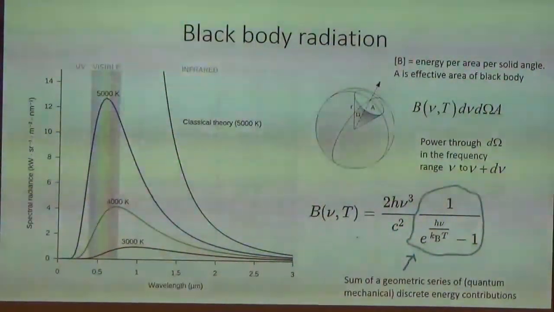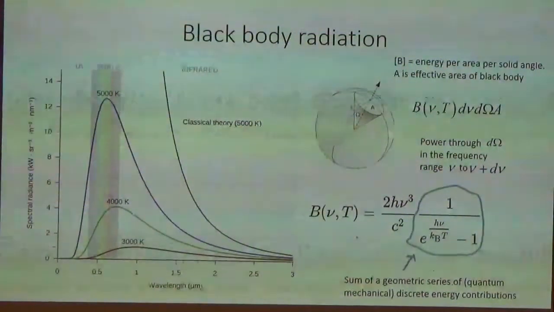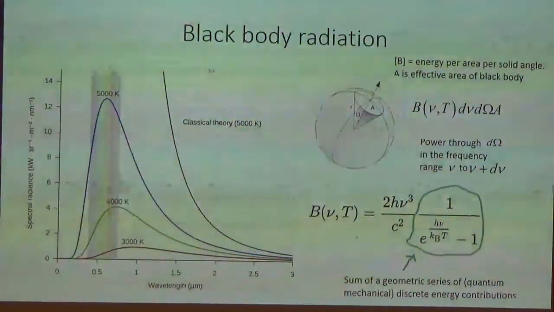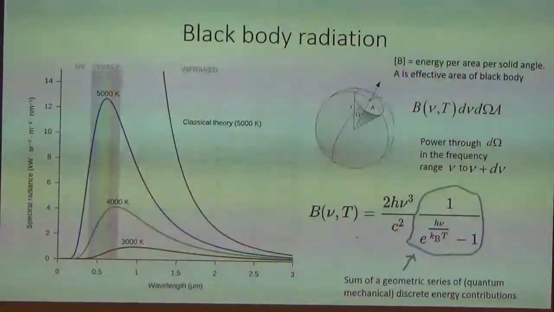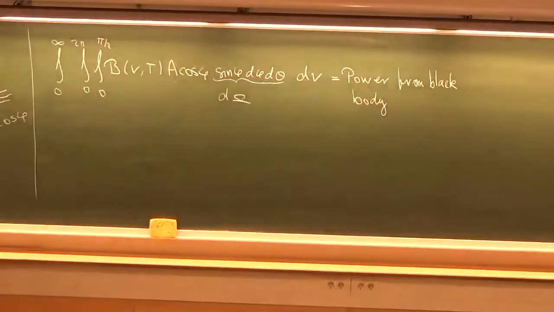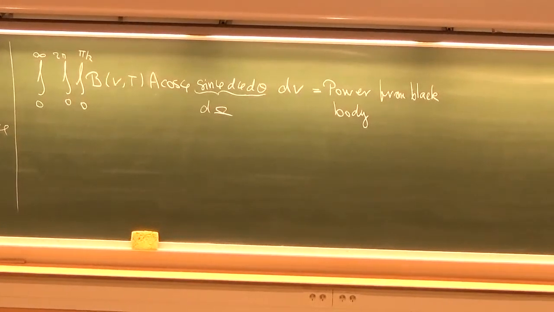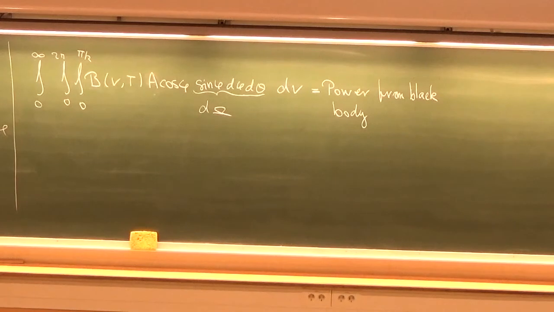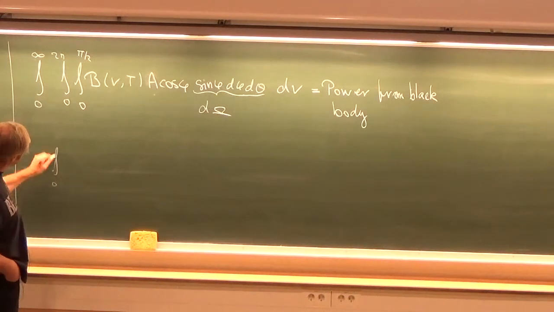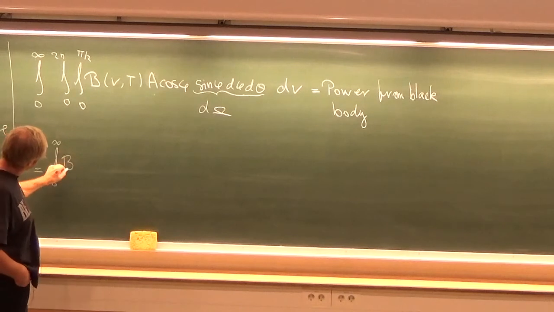Okay, so this will give us the power from a black body with area A. If we divide out A, we have power, watts per area. So let's have a look at this integral. We see that we can move this E outside.